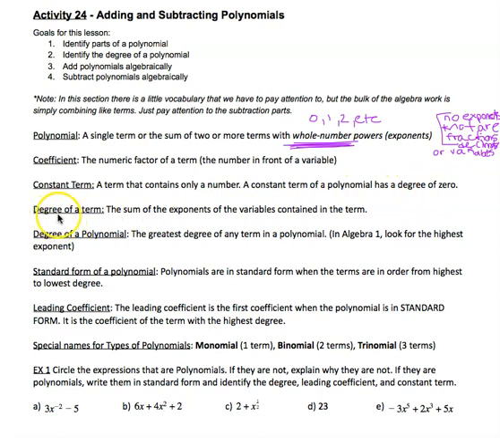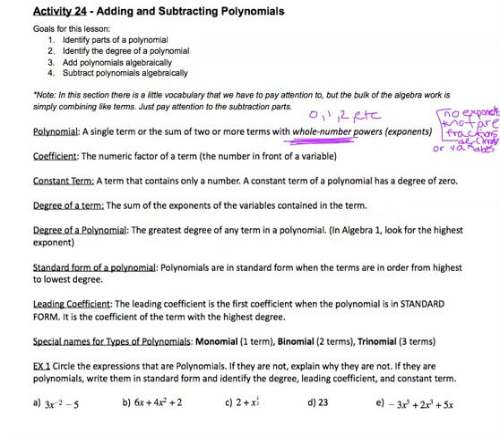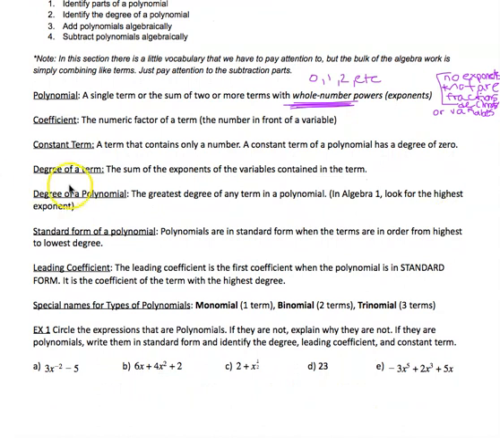The degree of the term is the sum of the exponents of the variables contained in that term. So most of the polynomials we are going to be looking at, each term only has one variable, and so then the exponent there would be the degree. Now, that's the degree of a term.